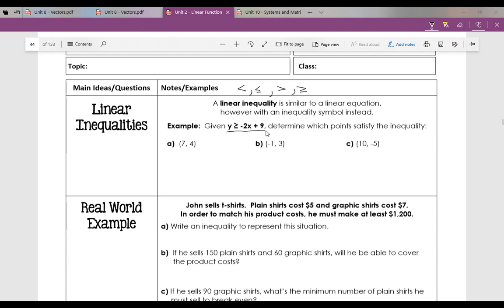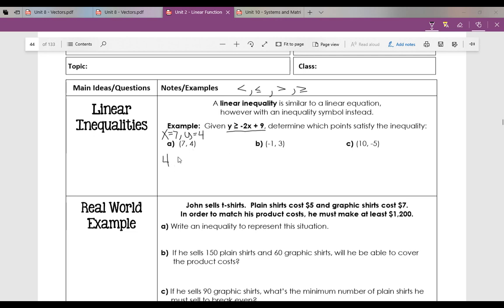They give us this problem, and they ask us to determine which point satisfies that inequality, which makes the left side greater than or equal to the right side, okay? So in part A, they're telling us that the x value is 7, our y value is 4. I'm going to take those two numbers, plug them into their respective spots.